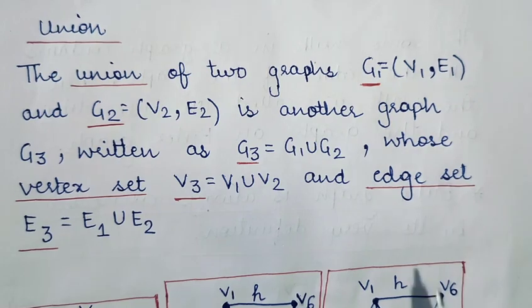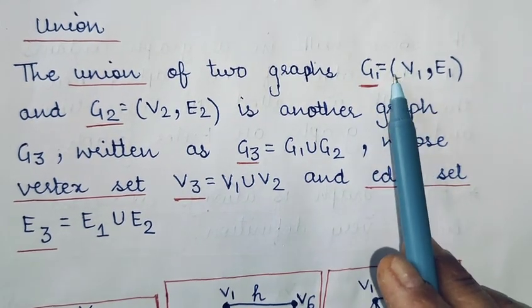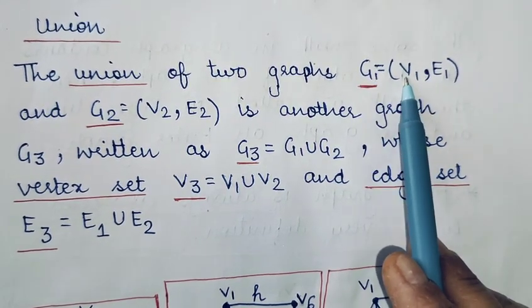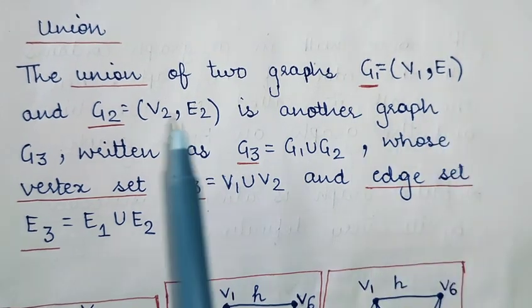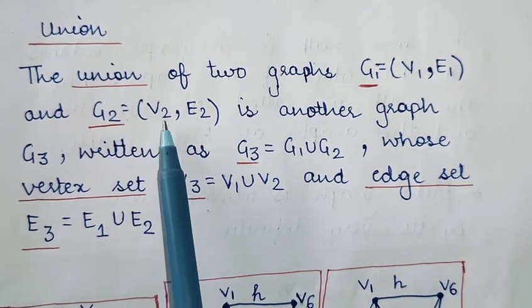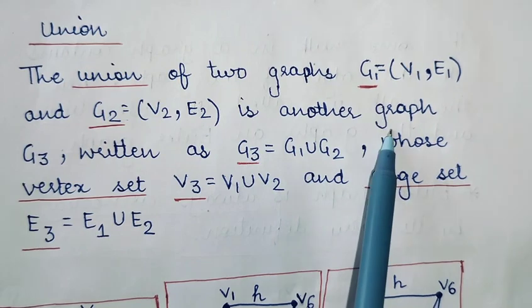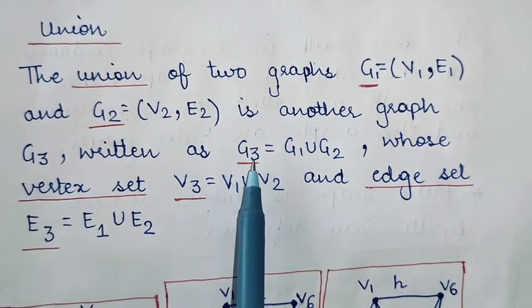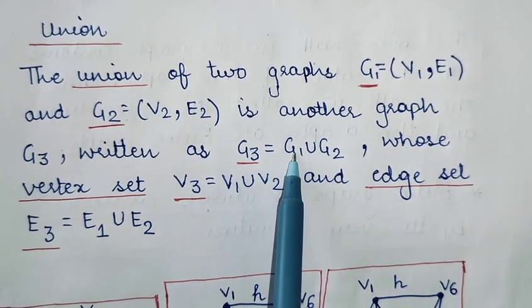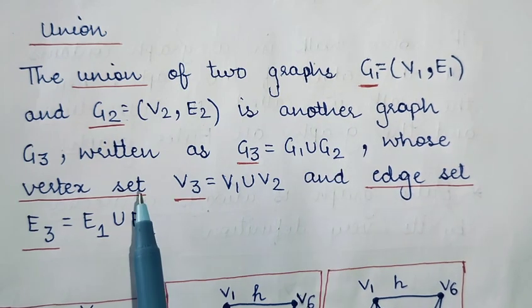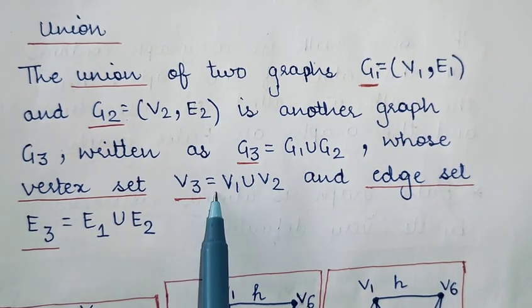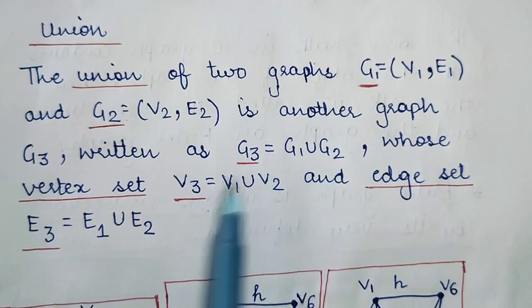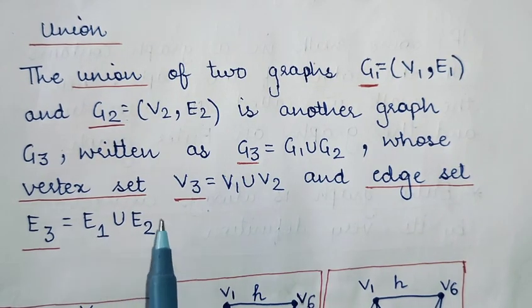The union of two graphs G1, where graph G1 consists of vertex set V1 and edge set E1, and graph G2 consists of vertex set V2 and edge set E2, is another graph G3 written as G3 equals G1 union G2, whose vertex set V3 is equal to V1 union V2 and edge set E3 equals E1 union E2.